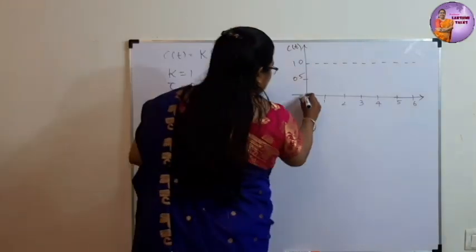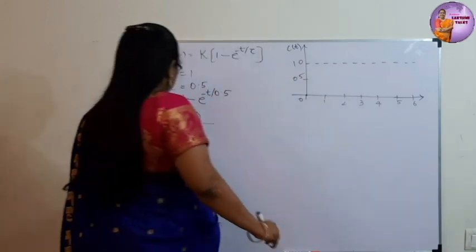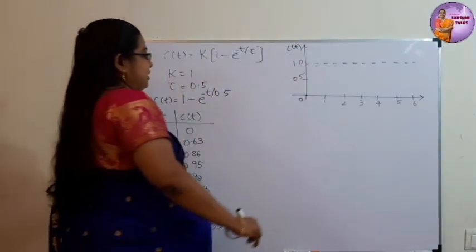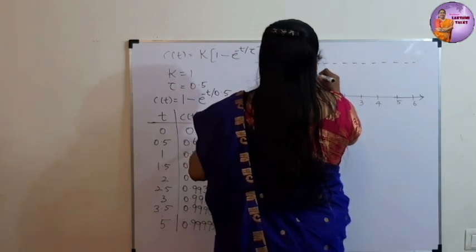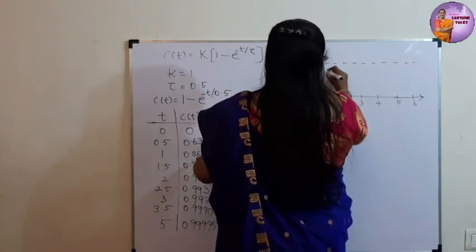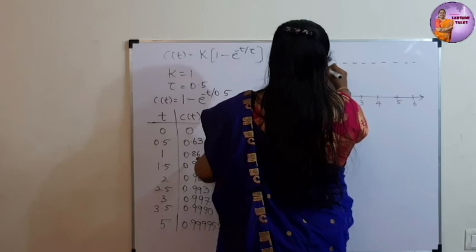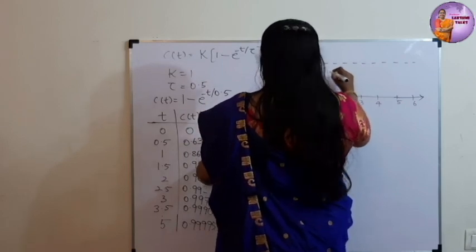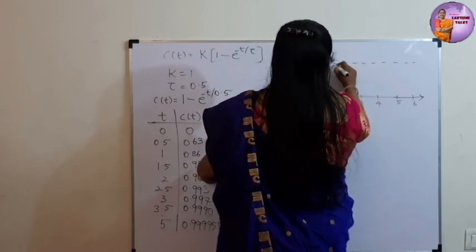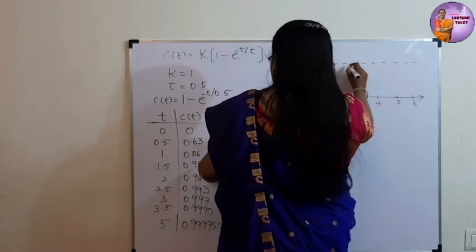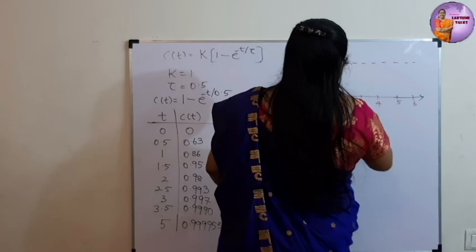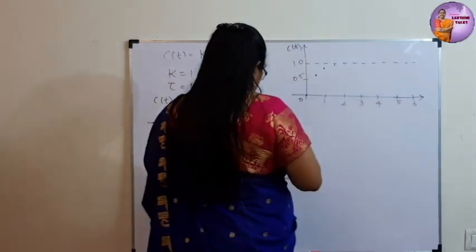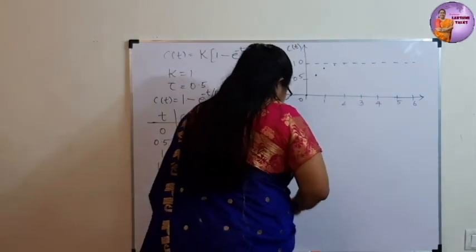I'll use black to mark the values. For 0.5 it is 0.63. Then for 1 it is 0.86. For 1.5 it is almost 0.95. Then, when I plot the values, what will I get?